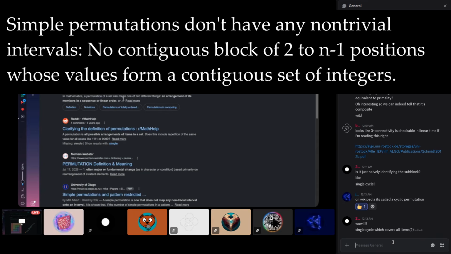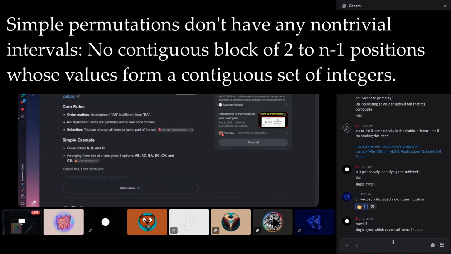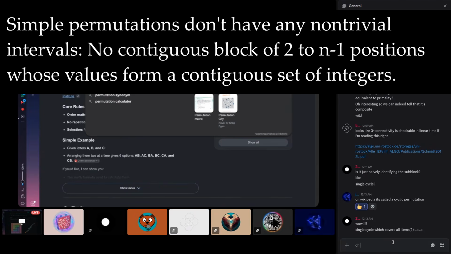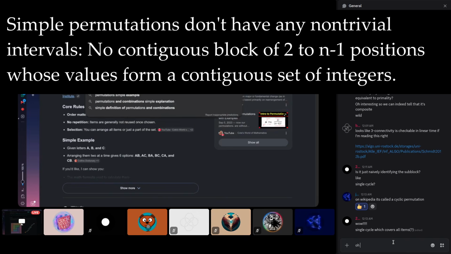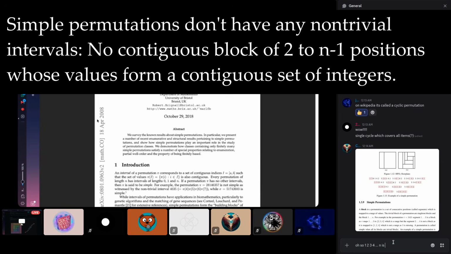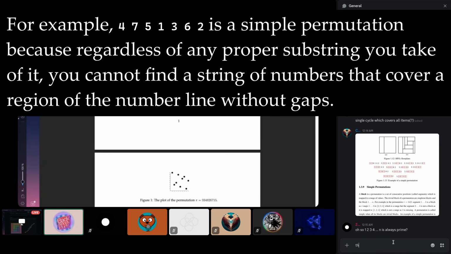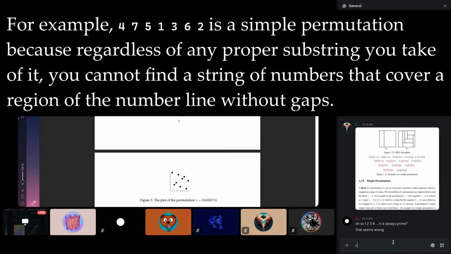So maybe this is consecutive positions mapped, not a block. Yeah, all its blocks are trivial blocks.